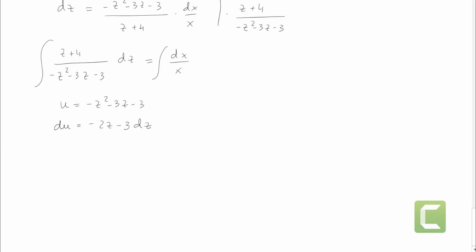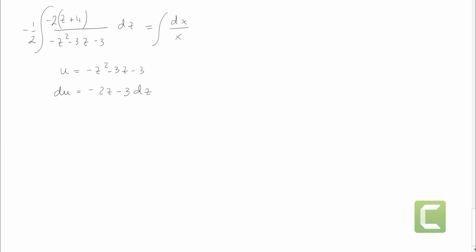So basically the top is not exactly the same thing, so we'll have to rearrange it a bit. We multiply by negative 2, and then we divide by it. So we get negative 1/2 integral of (negative 2z minus 8) over (negative z squared minus 3z minus 3). Of course, I could have factored out the ln, but for now we keep it like this.